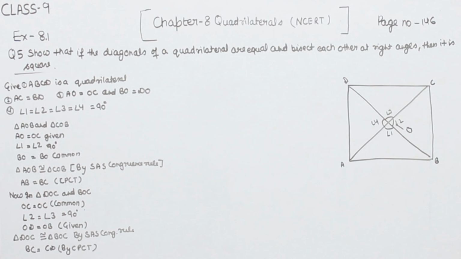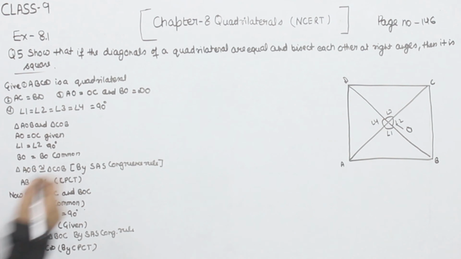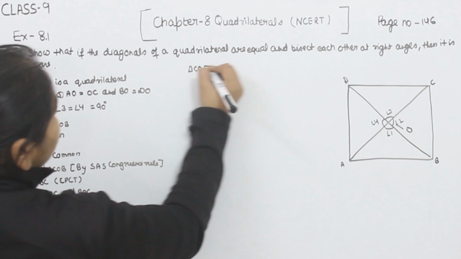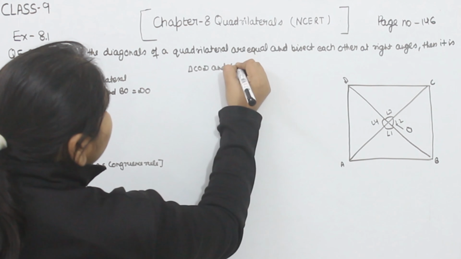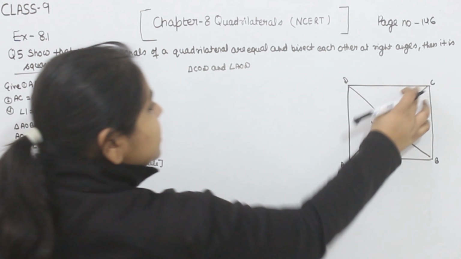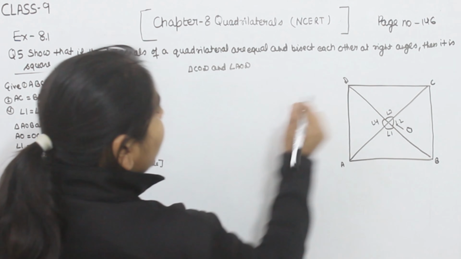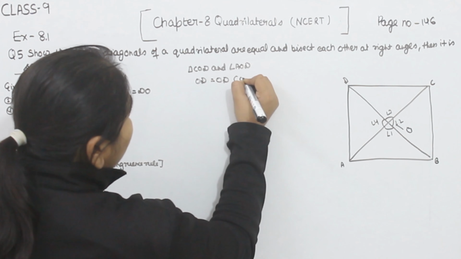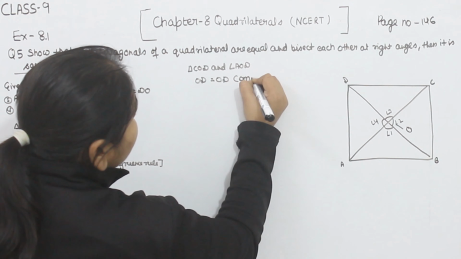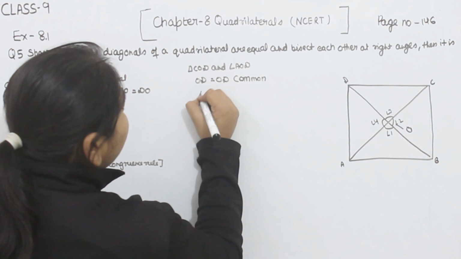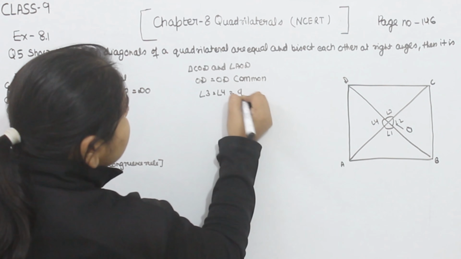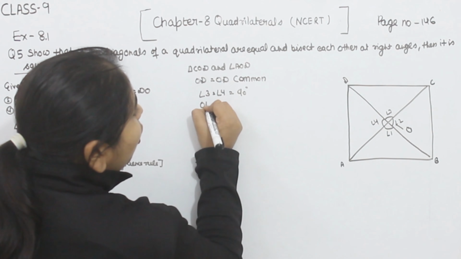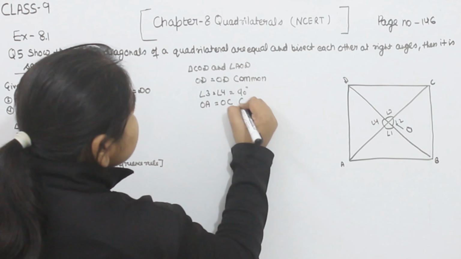Now we are going to take another pair of triangles, the triangle COD and the triangle AOD. So this is the COD and this one is the AOD. In this one OD is equal to OD. This one is common. And angle 3 is equal to angle 4. This one is equal to 90 degree and OA is equal to OC. Why?